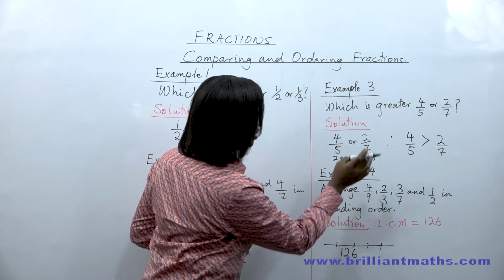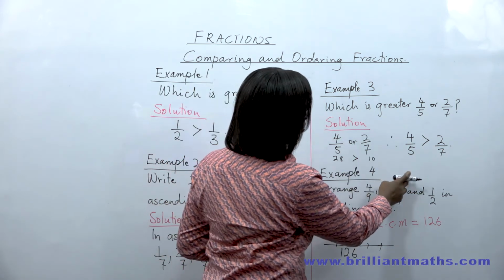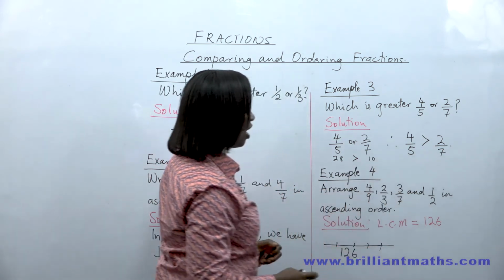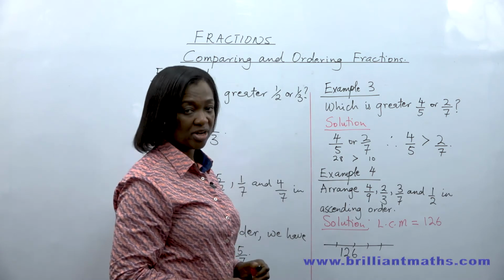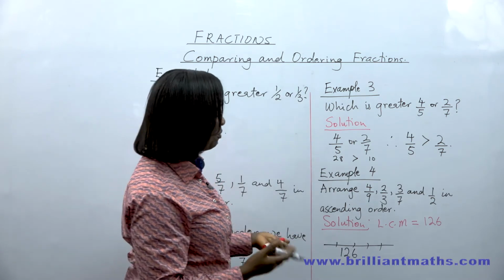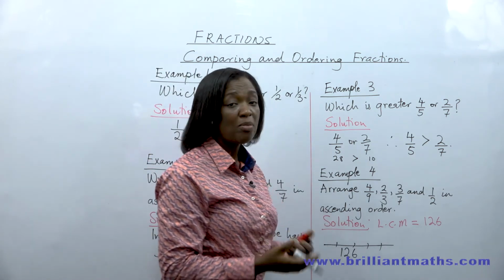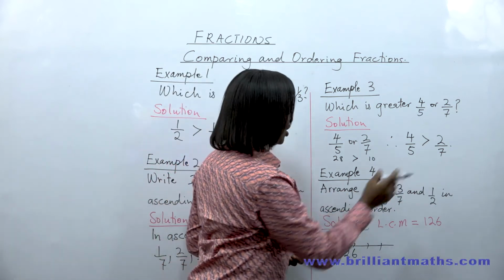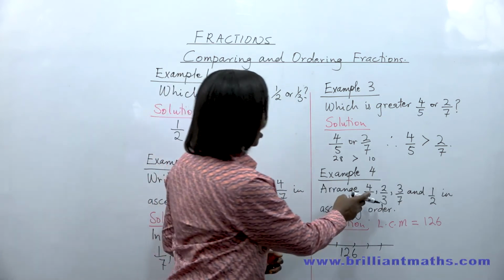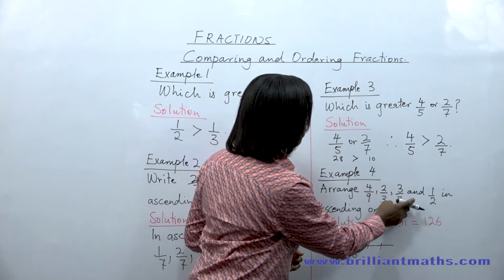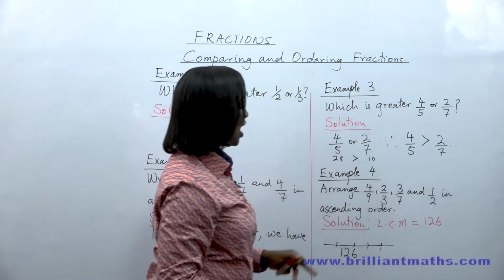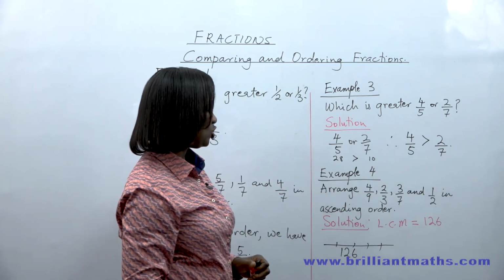Arrange 4/9, 2/3, 3/7, and a half in ascending order. Before we can compare, we need to find a common denominator for all the fractions. So we find the LCM of 9, 3, 7, and 2. And that LCM is 126.